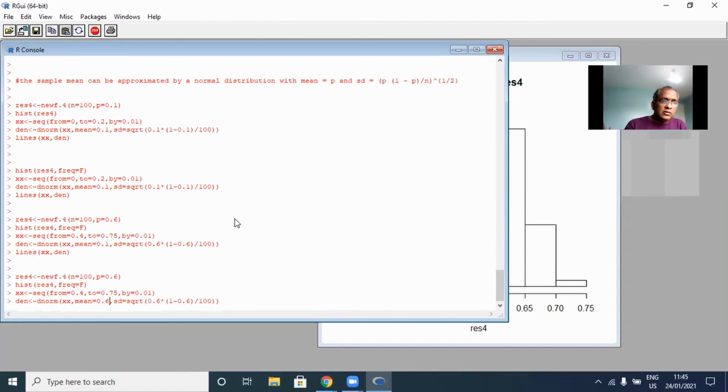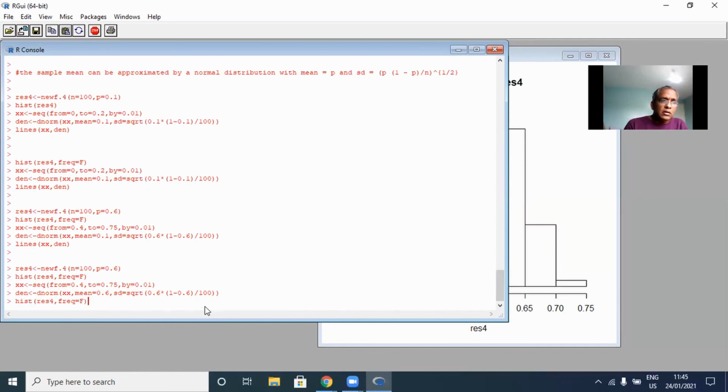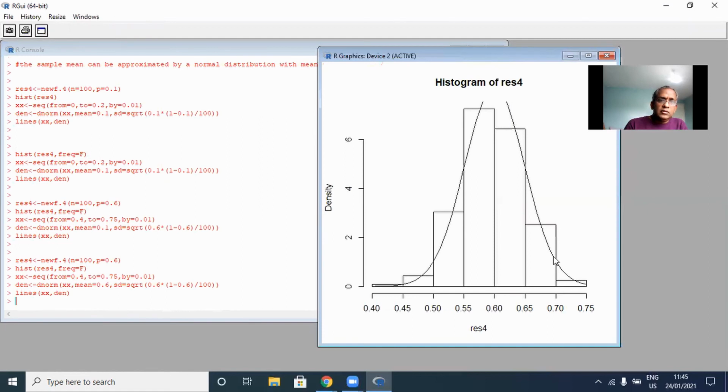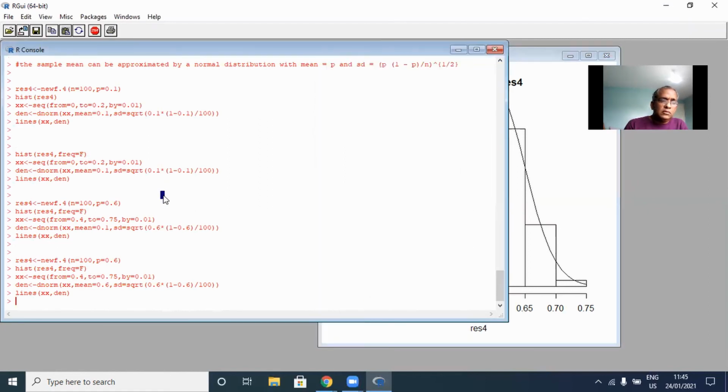When you do the density, the mean should be P, which is 0.6, and the standard deviation should be the square root of P times 1 minus P divided by N. And finally draw the lines so you can see how good a fit it is.